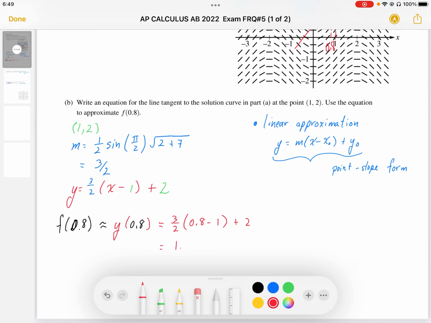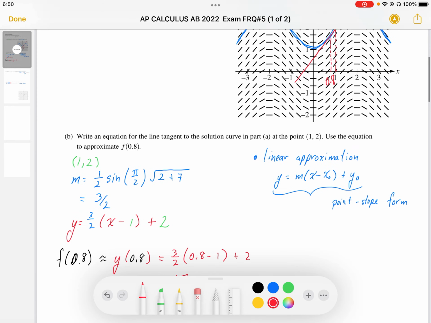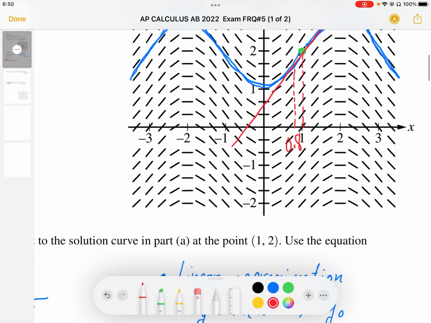Working that all out, I get 1.7. So y is equal to 1.7, and that looks about right when I take a look at my graph. Somewhere around there it's going to be 1.7. It looks like a pretty good approximation, because that tangent line follows that blue curve fairly closely when we are close to the point x equals 1.